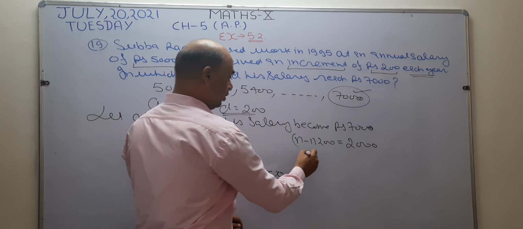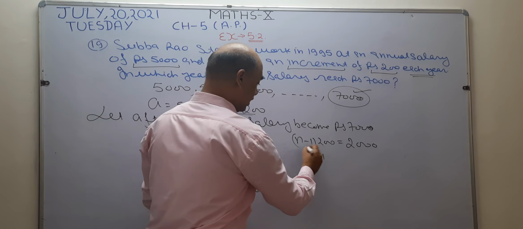Now n minus 1 is equal to 2,000 upon 200. This multiplication term is going to divide. So 2 zeros are cancelled. After that what is left? 10. It means n becomes 10 plus 1, which is 11. So n becomes 11. It means after 11 years his salary becomes 7,000.